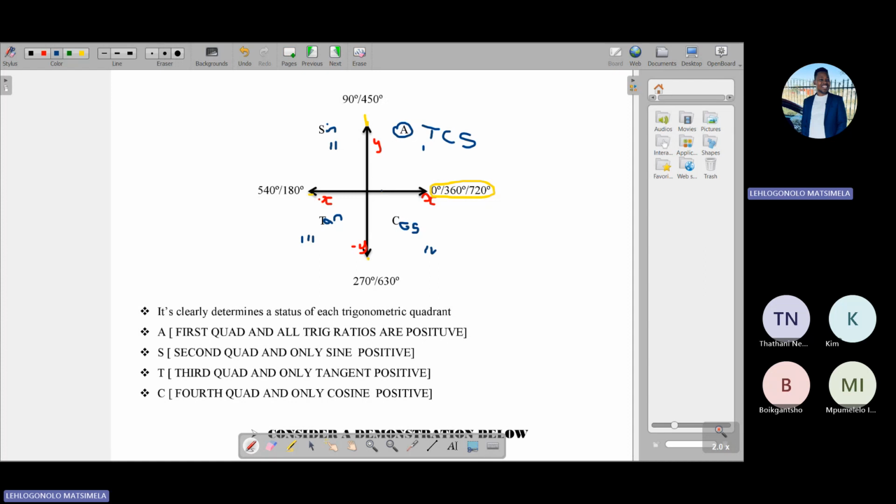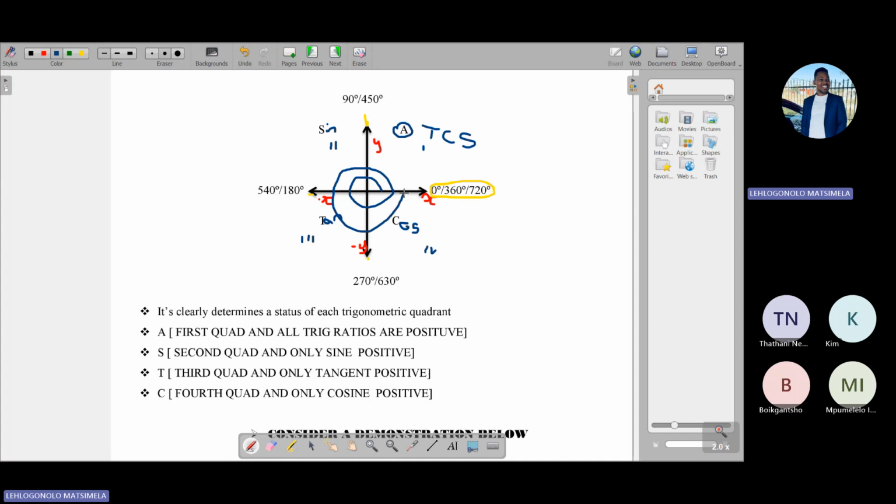From angle 0 we go to angle 90. From 90, we go to 180. From 180, we go to 270. From 270, we go to 360. From 360, we go to 450. From 450, we go to 540. From 540, we go to 630. From 630, we continue going to 720.